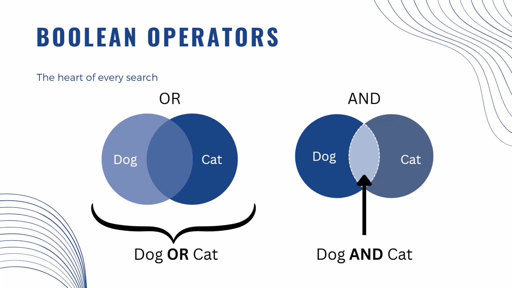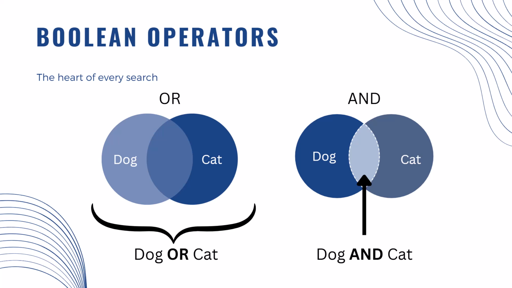There really are three: and, or, and not, but we are only going to focus on and and or today. Put it simply, or expands results and and limits results. So if I search dog or cat, I get everything about dogs, everything about cats, and everything that mentions both dogs and cats. So in this Venn diagram, I get everything in both circles and where the circles overlap as well.